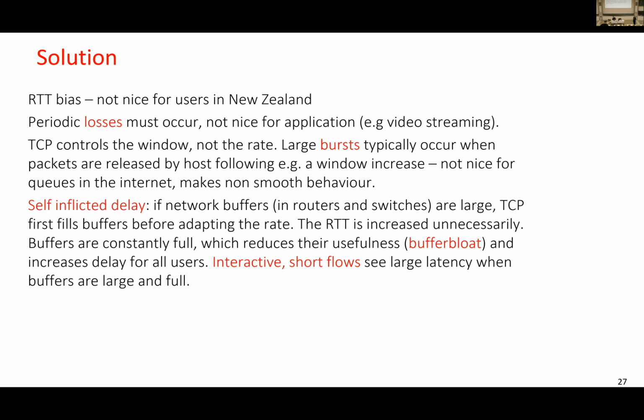Then those buffers will fill, and the interactive flow will have 10 seconds of added round trip time simply because your router has full buffers. That's one of the issues that we will discuss a bit later.